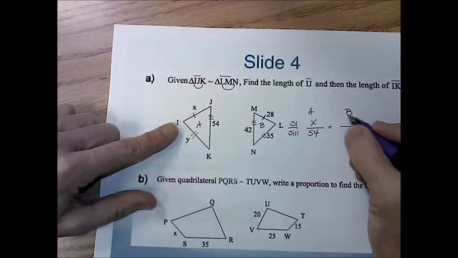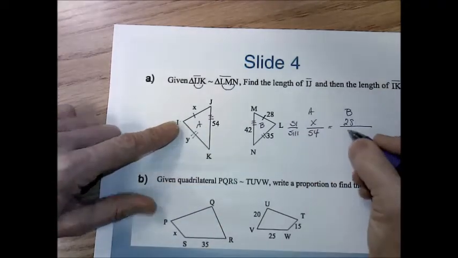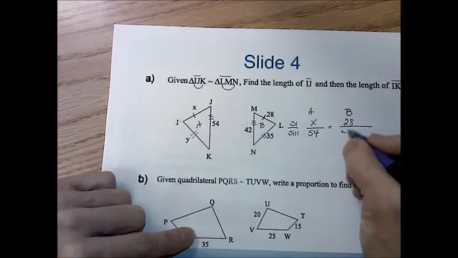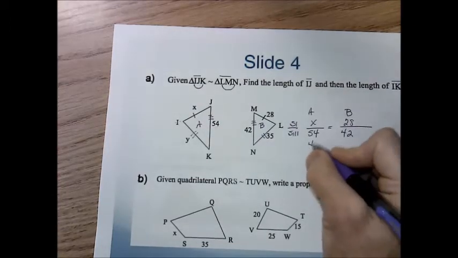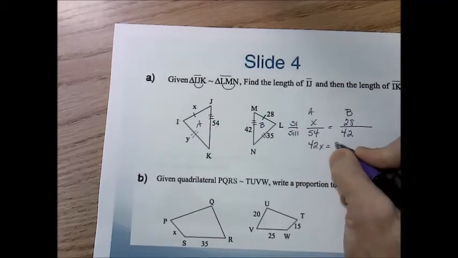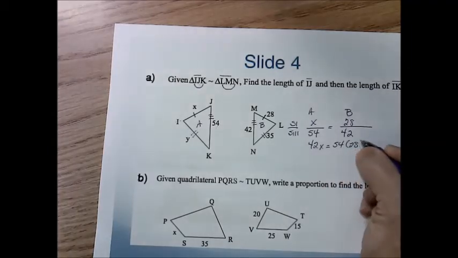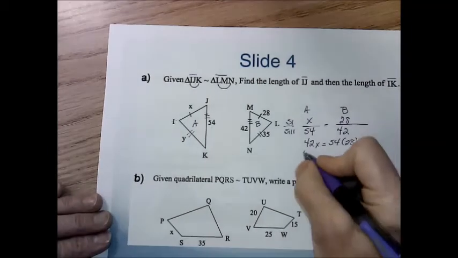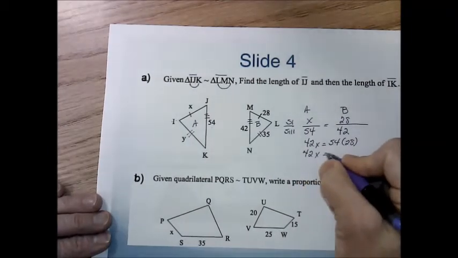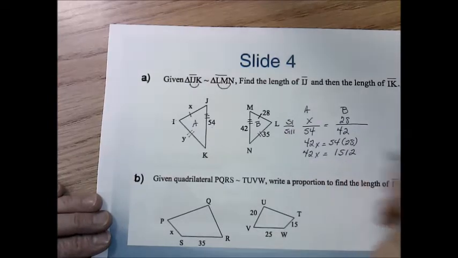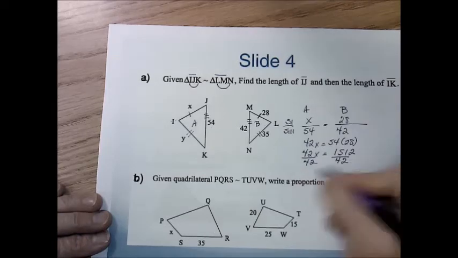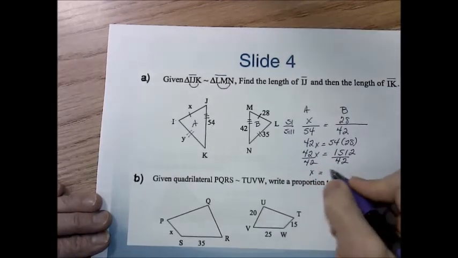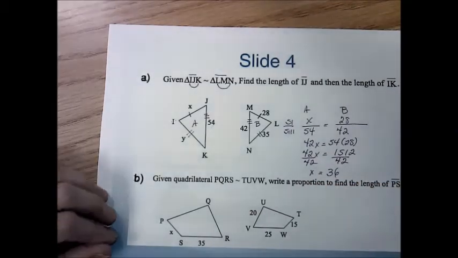Side 1 in B is 28, and side 3 is 42. So when we write our cross products, we have 42x equals 54 times 28, and 42x equals 1,512. We're going to divide both sides by 42, so x is going to be equal to 36.